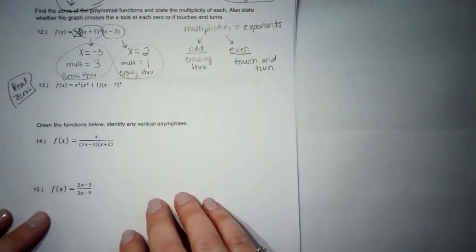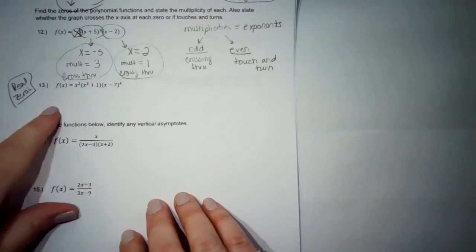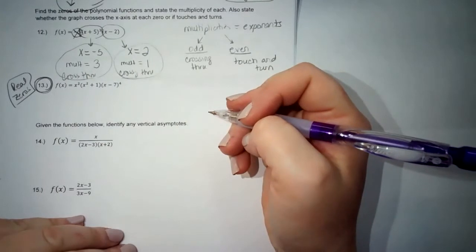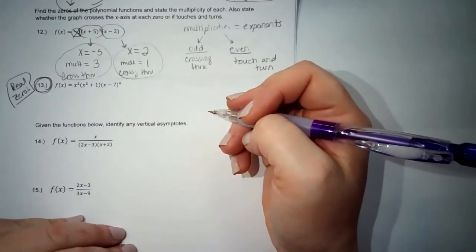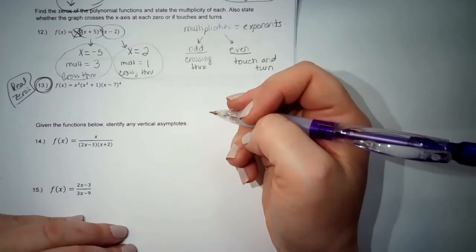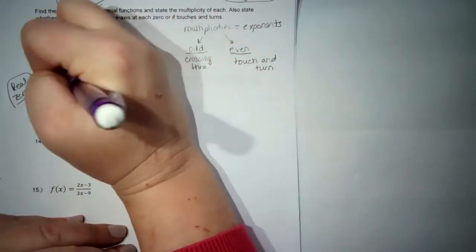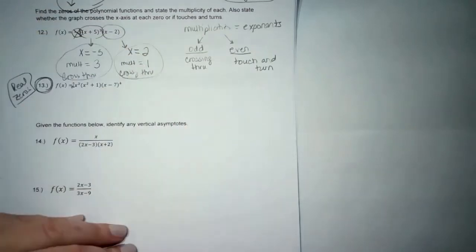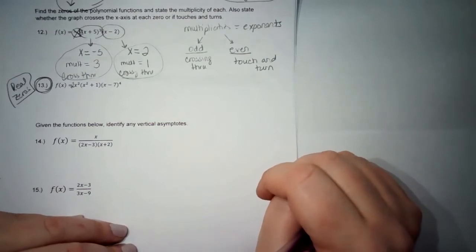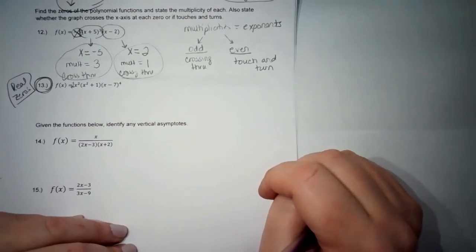So pay really close attention to 13. 13 is going to look a whole lot like yours, a little more than 12. It's just 12 I wanted to do for practice. Throw a number in front of this for me. Let's make this 2x squared. And this one is pretty much identical to what you're going to have on the test. Everybody got it?